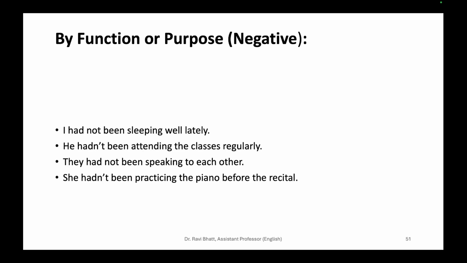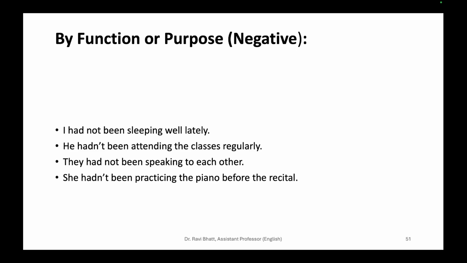Now, the last type, negative sentences. That is, I had not been sleeping well lately, or he hadn't been attending classes regularly, or they had not been speaking to each other, or say, she hadn't been practicing the piano before the recital. So these are some of the variations of past perfect continuous tense in negatives.